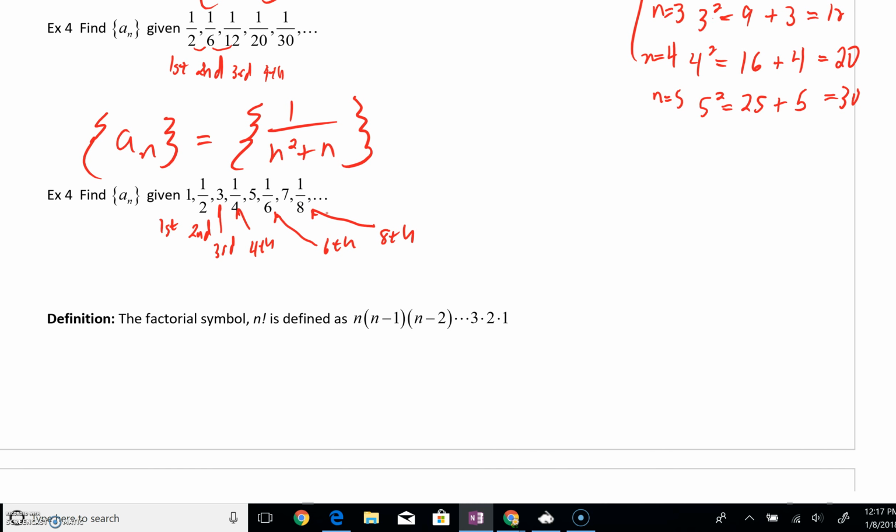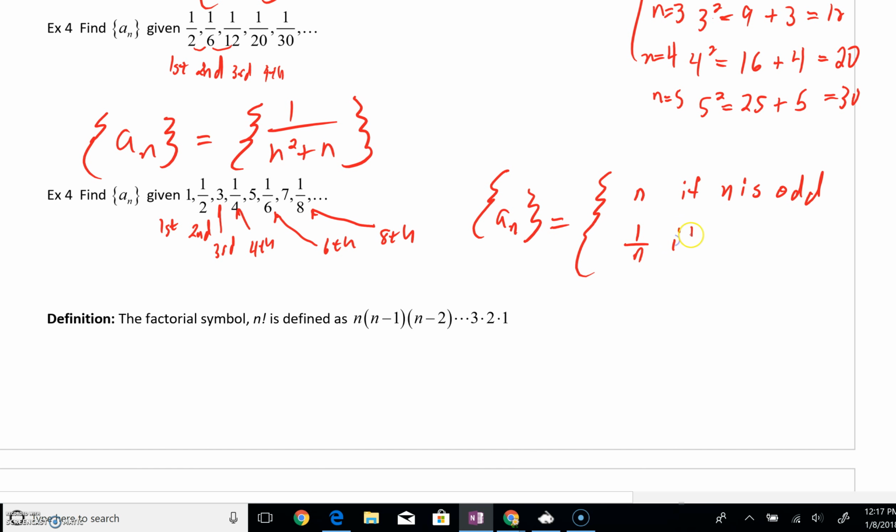So the third term is 3. The fifth term would be a 5. Sometimes kids are even wondering, is it possible to come up with such a thing as that? Yes, definitely. We can say n if n is odd, and 1 over n if n is even.